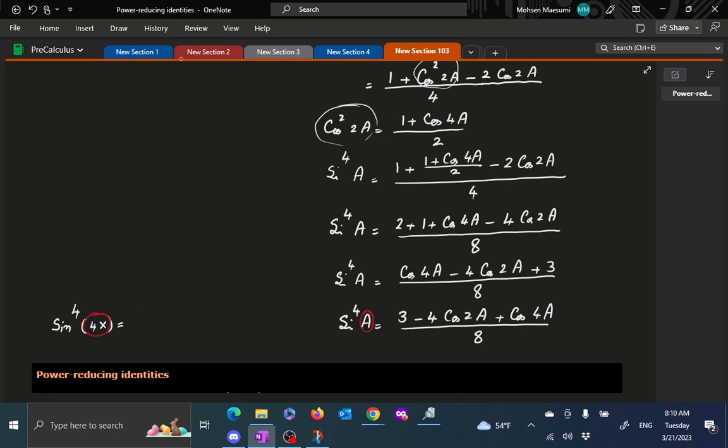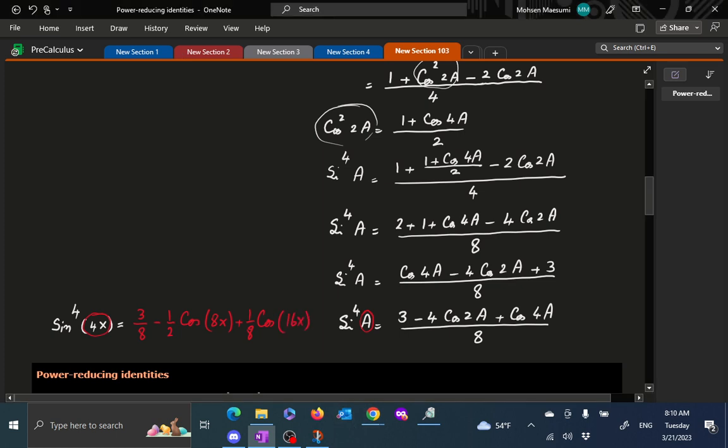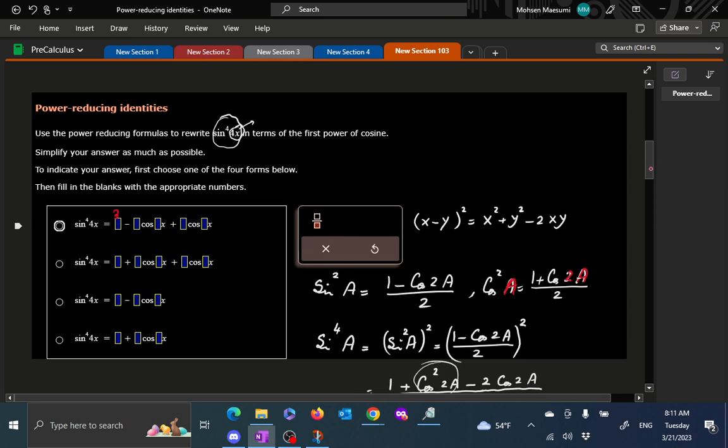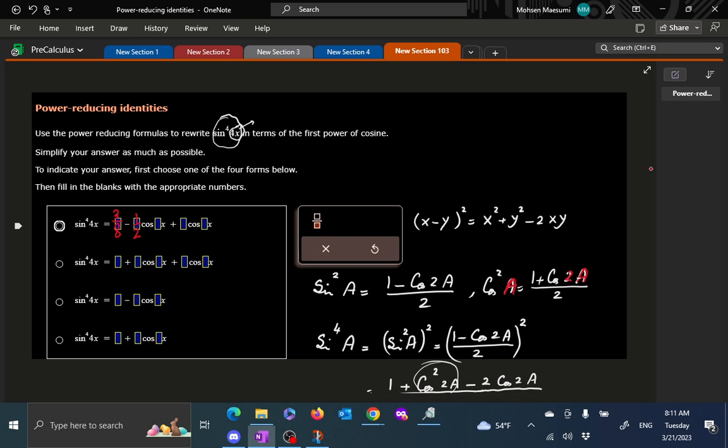So that is rather trivial. So I have 3/8 minus 4/8, which we said is 1/2, cosine of, instead of 2a, a is 4x, so it becomes 8x, and then we have 1/8 of cosine of 4a. A is 4x, so this becomes 16x. So 3/8 minus 1/2 of cosine of, what did we have here?